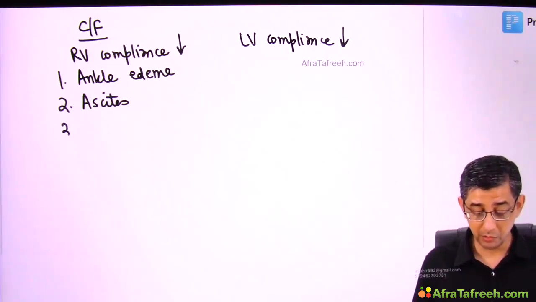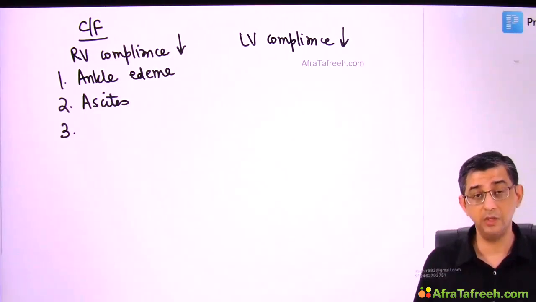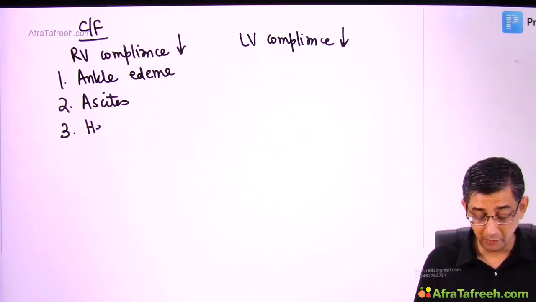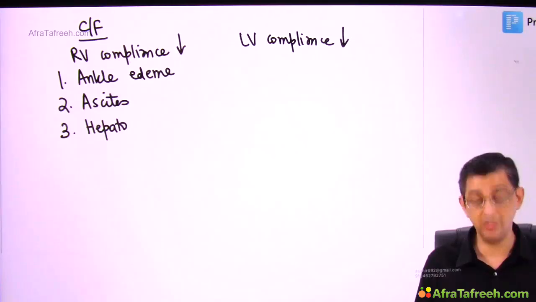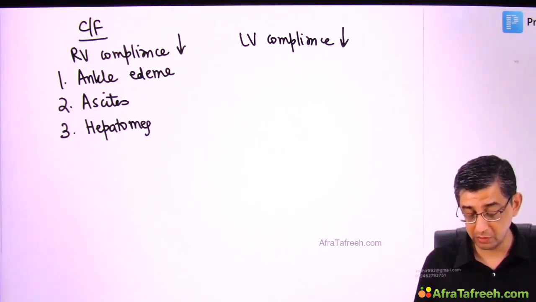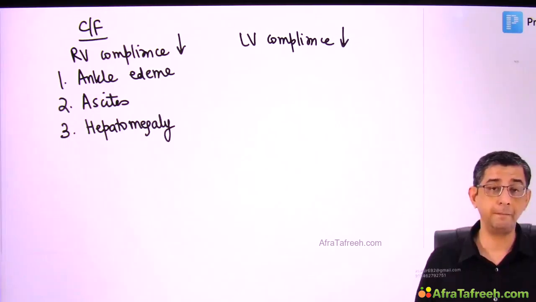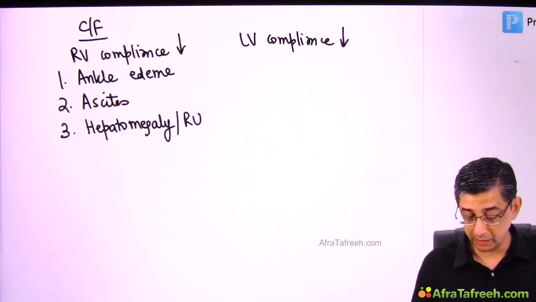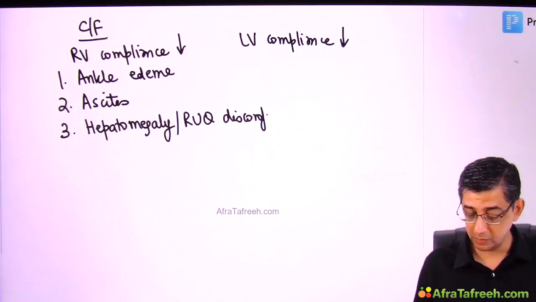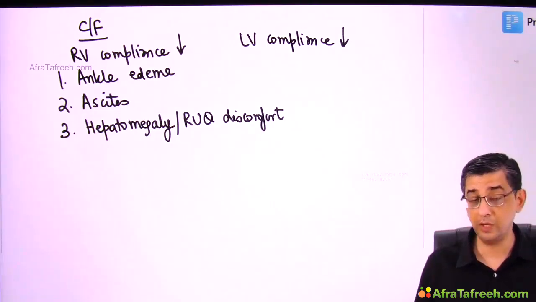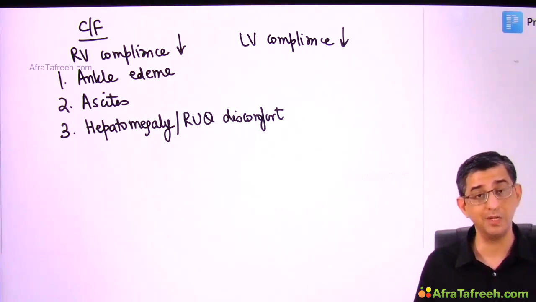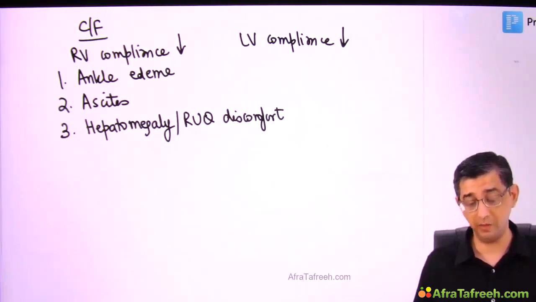But portal hypertension is usually associated with cirrhosis, and in this condition you will immediately come to know that the question is not of cirrhosis, because when the compliance of the right side of the heart is reduced, there would be pooling of blood in the peripheral circuit, which will contribute to congestion of the liver also, and there will be hepatomegaly. Instead of writing hepatomegaly, he might actually mention right upper quadrant discomfort. But the bottom line is that if it is portal hypertension, then there's going to be splenomegaly and caput medusae, and moreover, in portal hypertension the etiology is cirrhosis, and a hepatomegaly per se would not be seen.